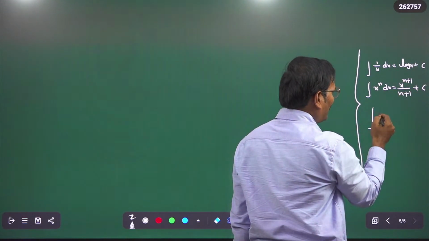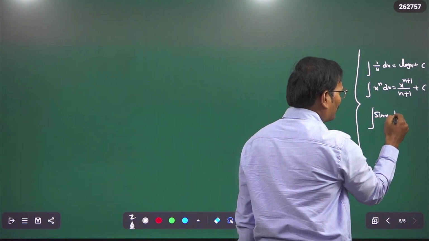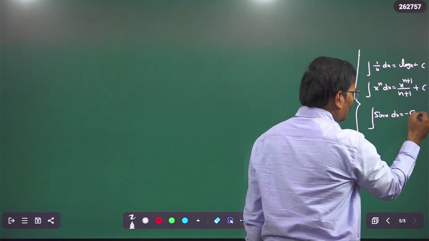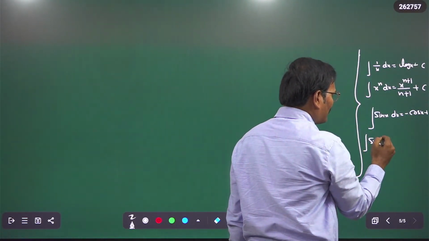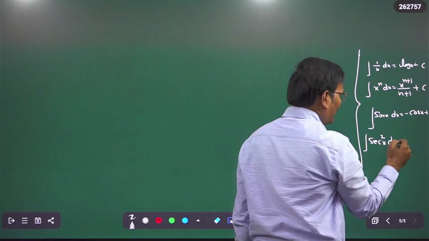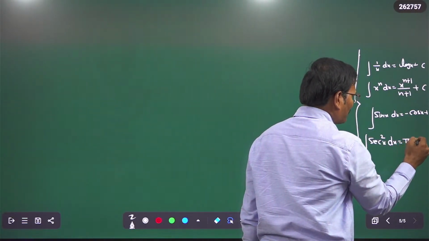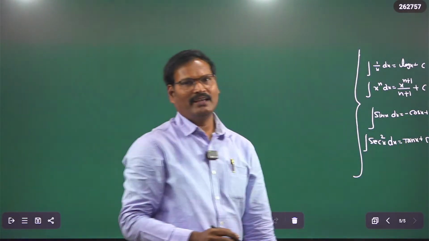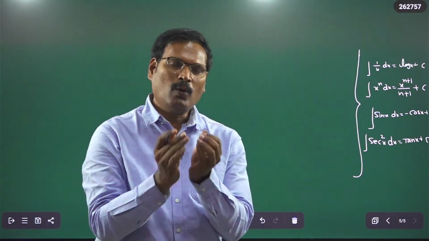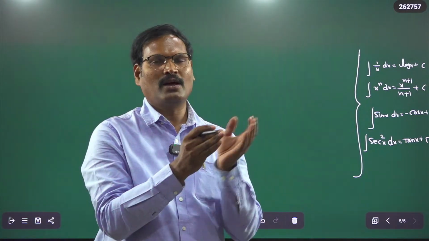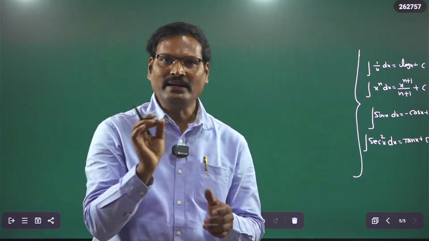Integral sin x dx is minus cos x plus c. Integral secant square x dx is equal to tan x plus c. So we have learnt these formulas in our indefinite integration. Right? Now I am using those formulas to solve the problems in definite integration.